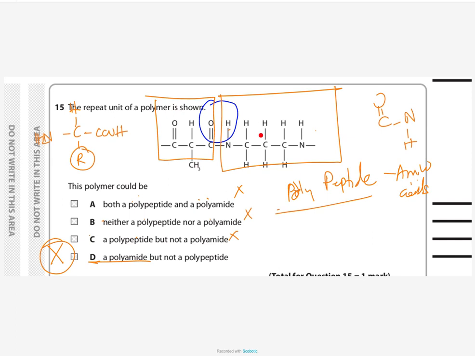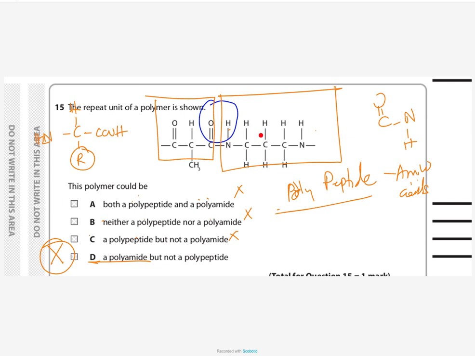So remember, peptide is used for the amino acid linkages. That is, each monomer has a carboxylic and amine group.